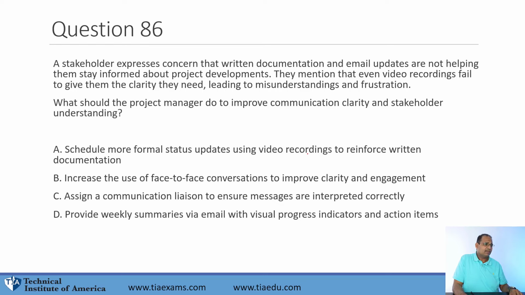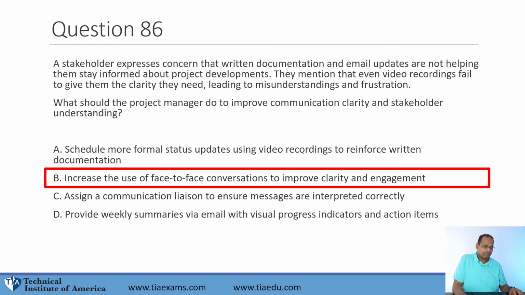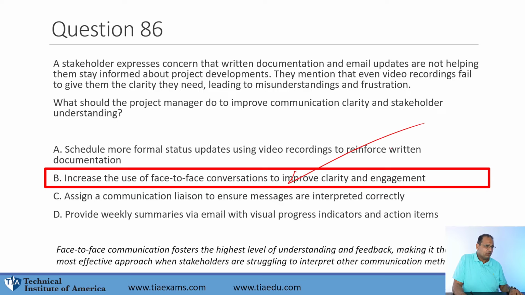Best answer here, guys, is going to be, if you remember in the course, face-to-face communication is the best method of communication. Face-to-face communication allows you to see what people are saying by their visual expression, and not just emails, you can't hear them. And remember, it's not what you say, it's how you say it.